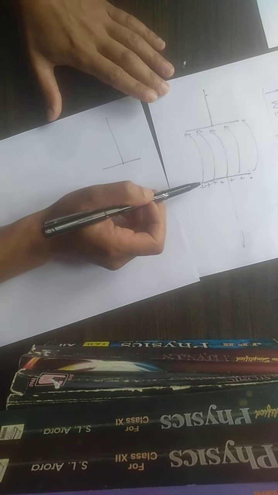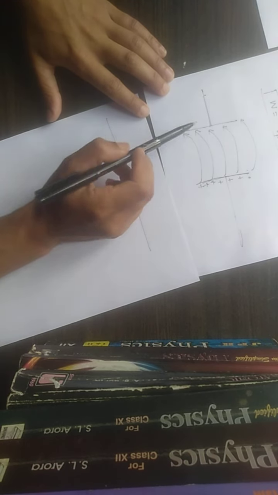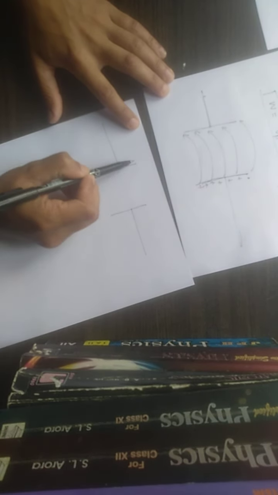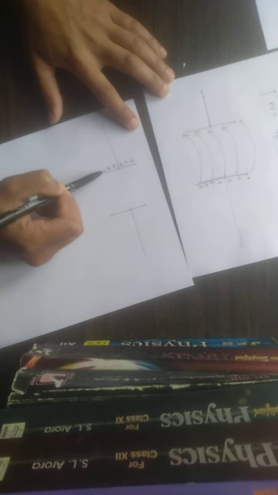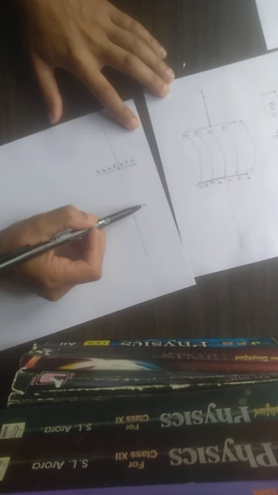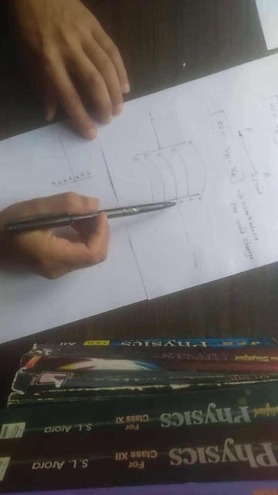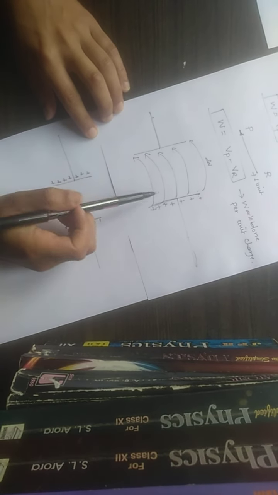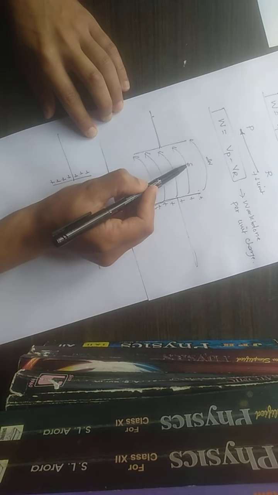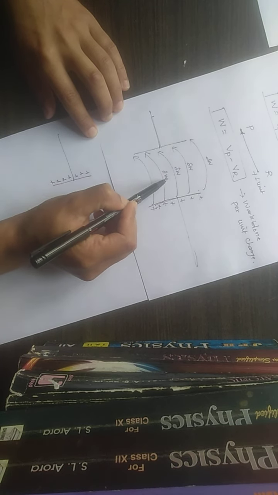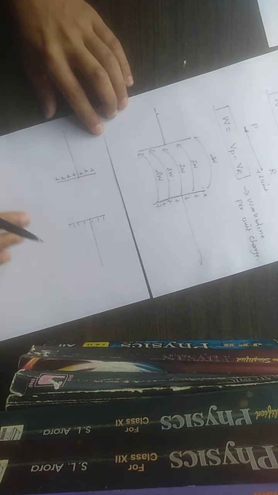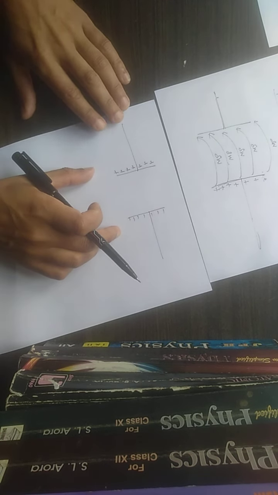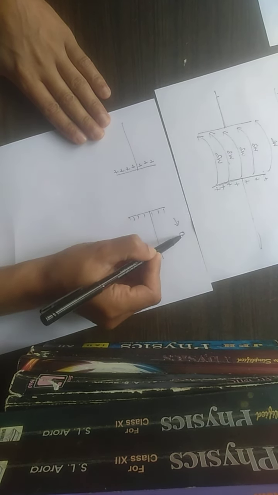Since positive charge is brought from this plate to this plate, all the positive charge will accumulate here, and this plate will get negatively charged. We will calculate the work done in bringing positive charge from here to here, and add all the small work done to make the final configuration, which is a parallel plate capacitor.